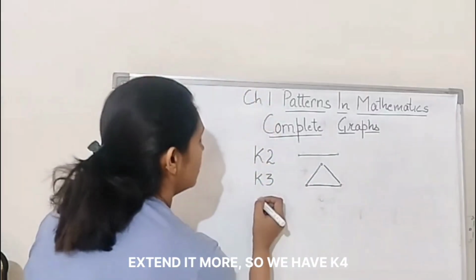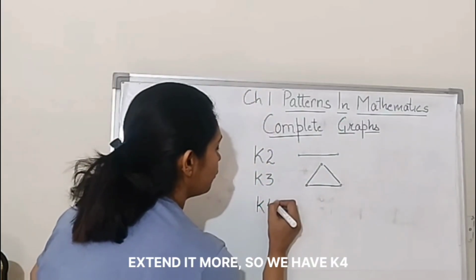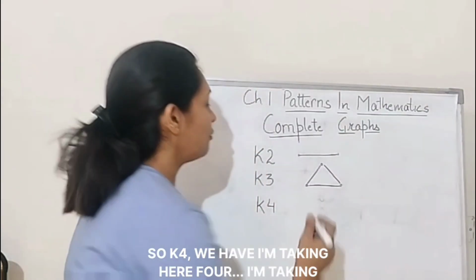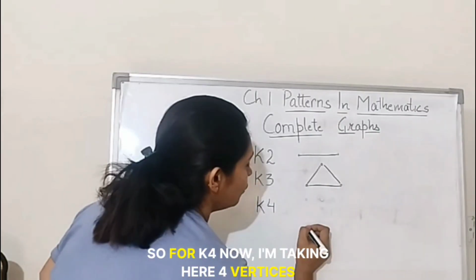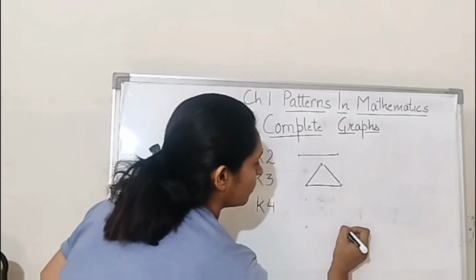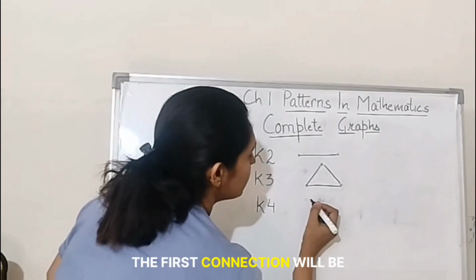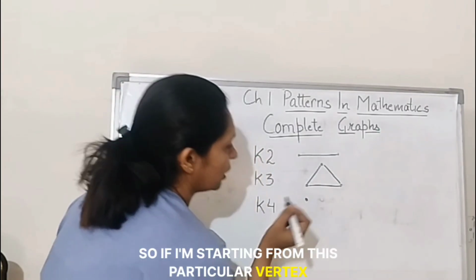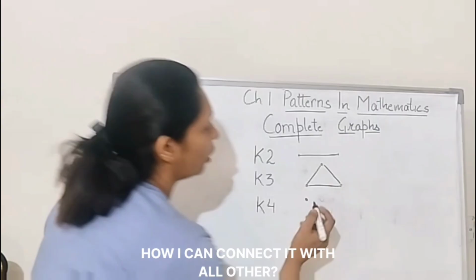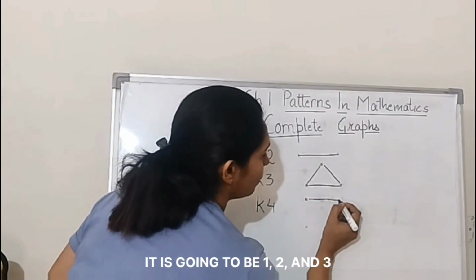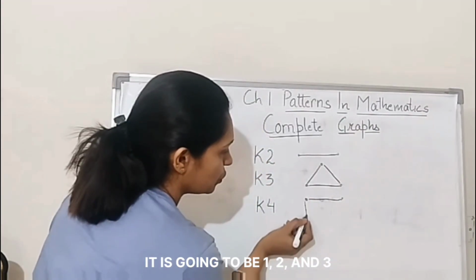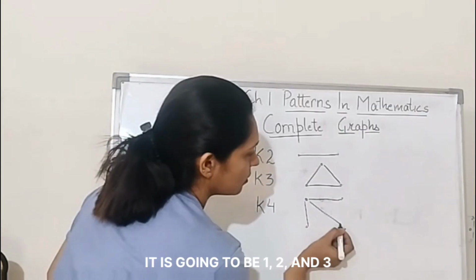Extend it more. So we have K4. For K4, I am taking 4 vertices. Can you see how we can connect them? If I'm starting from this particular vertex, how can I connect it with all the others? It is going to be 1, 2 and 3.